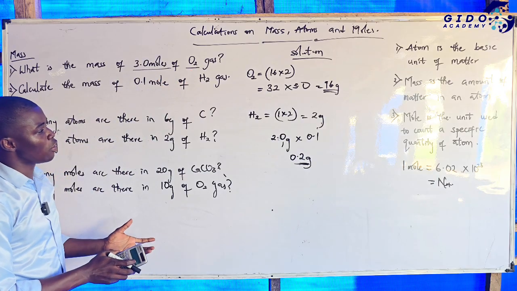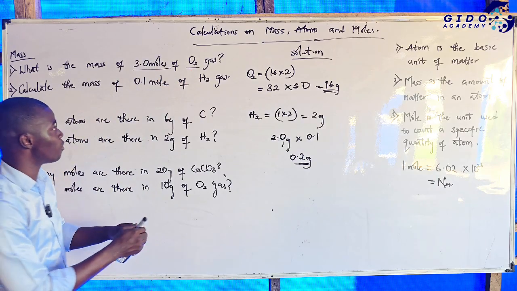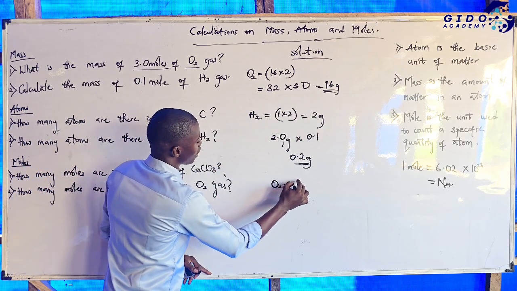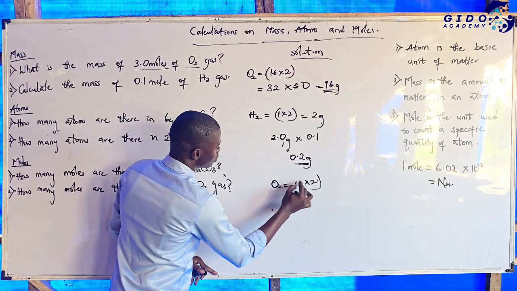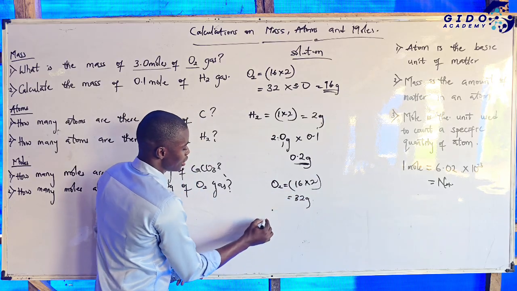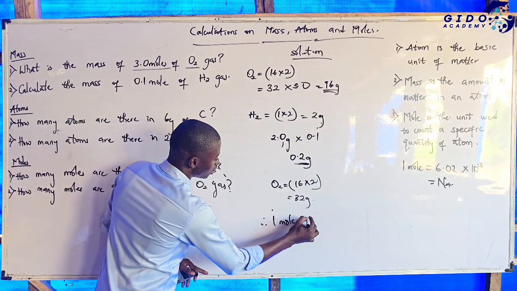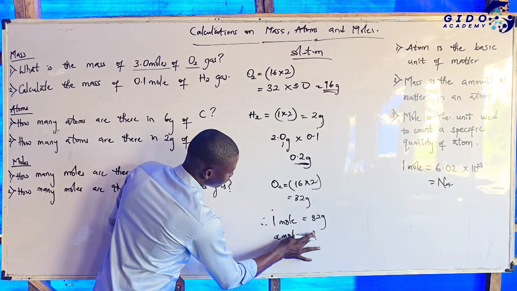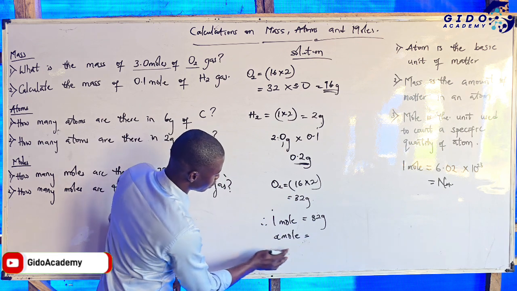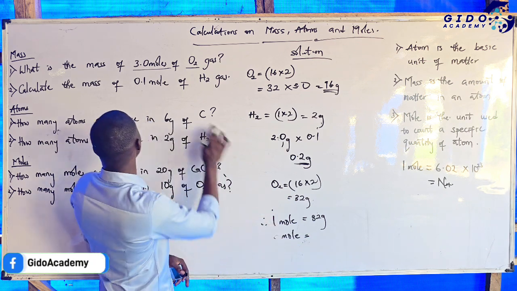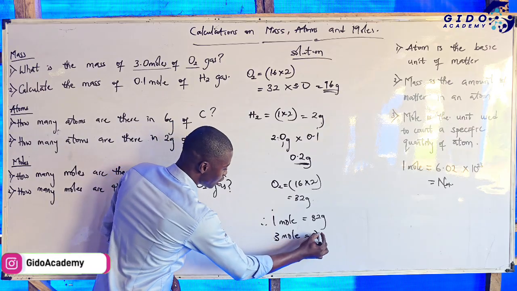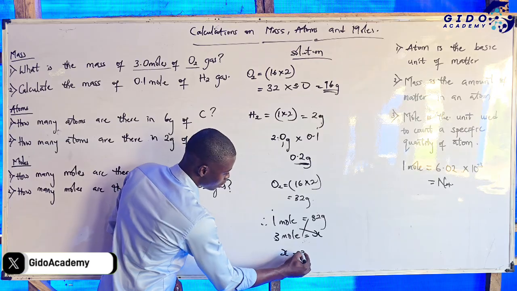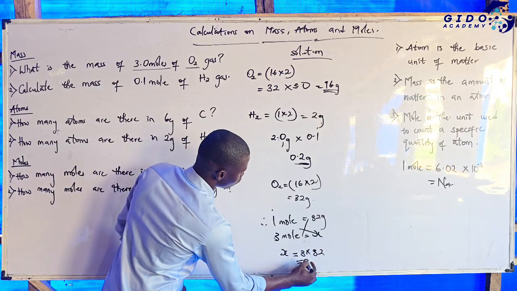Some people, if they want to solve a question like this, will solve it in this format. Let me show you something about this oxygen again. Oxygen is equal to 16 times 2, which is equal to 32 grams. Therefore, 1 mole is equal to 32 grams. Then S moles is equal to, how many moles are we calculating for? 3 moles. 3 moles is equal to S. Then if you cross multiply, S times 1 is equal to 3 times 32, which is going to give us 96.